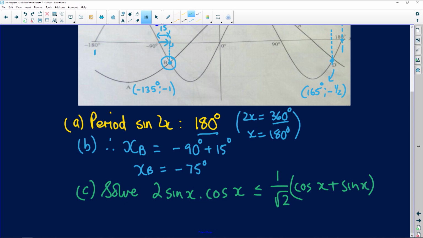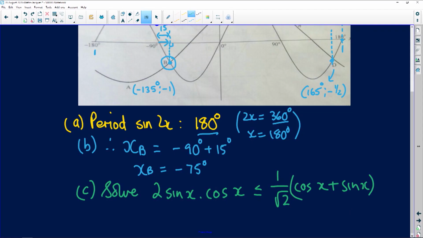Okay, now if they say use your graph, then certainly you will agree with me, folks, that those 2 equations must represent what is on your graph. If I was setting this question, I would have made it a tad bit more difficult. I would have taken the root 2 and put it in here. So this would have read 2 root 2 sine x cos x less than or equal to cos x plus sine x. Why am I doing that?